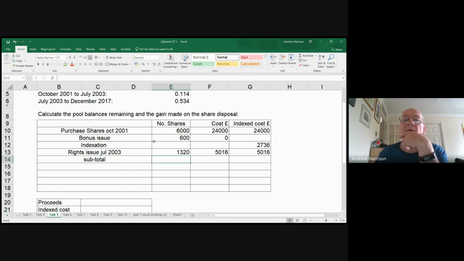So we've now got, at that point in time, index cost of 31,752, actual cost of 29,016.